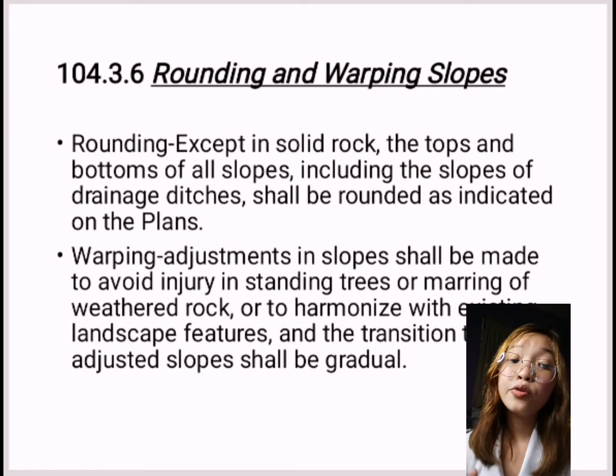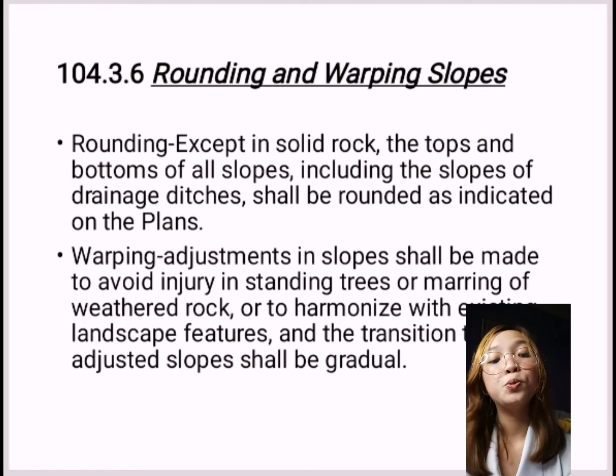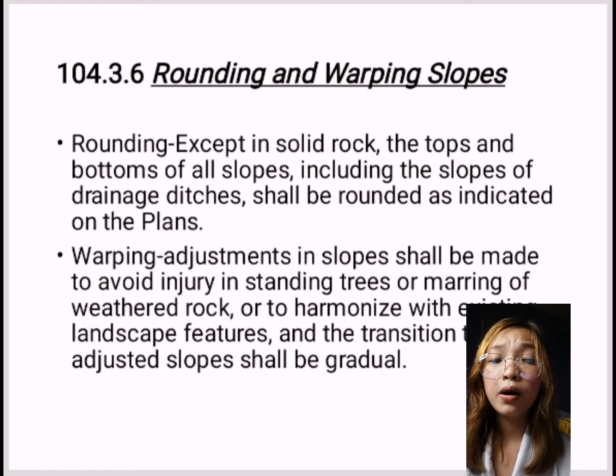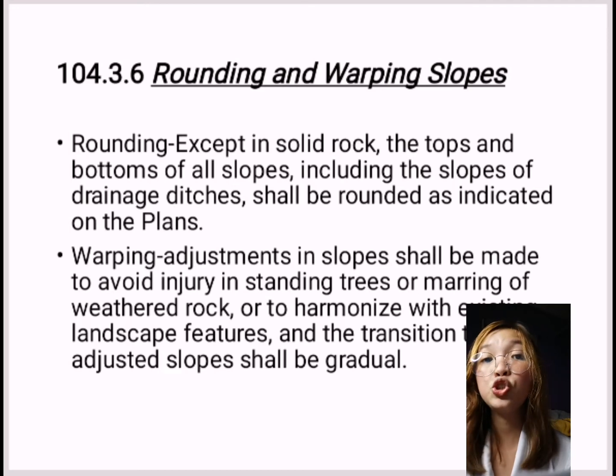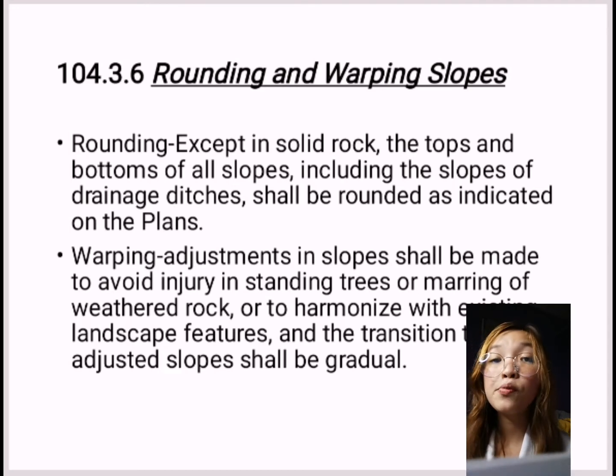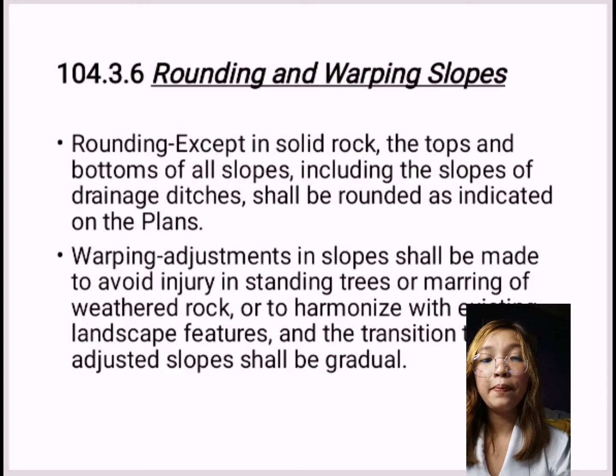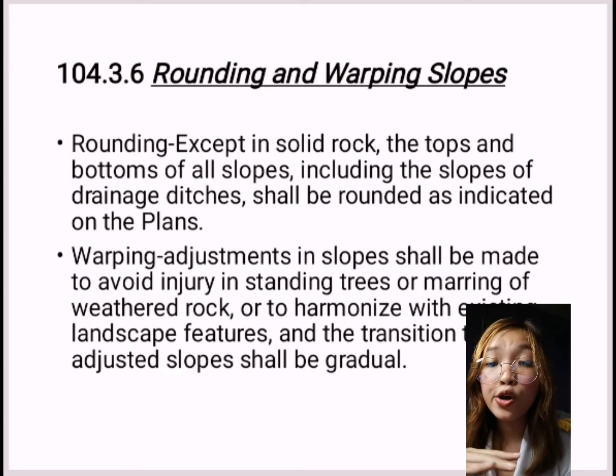And now, let's proceed to item 104.3.6 or the rounding and warping slope. So, rounding, except in solid rock, the tops and bottoms of all slopes, including the slopes of drainage ditches, shall be rounded as indicated on the plan. So, a layer of earth overlaying rock shall be rounded above the rock as done in earth slopes.